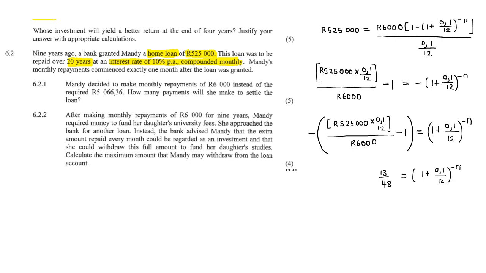Now, what you do over here is your choice. You can log both sides, or you can change into logarithmic form. If you want to log both sides, then you have the log of 13 over 48 is equal to the log of 1 plus 0.1 divided by 12 to the negative n, like that.